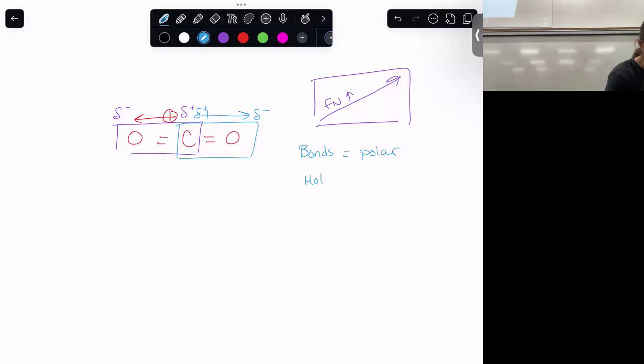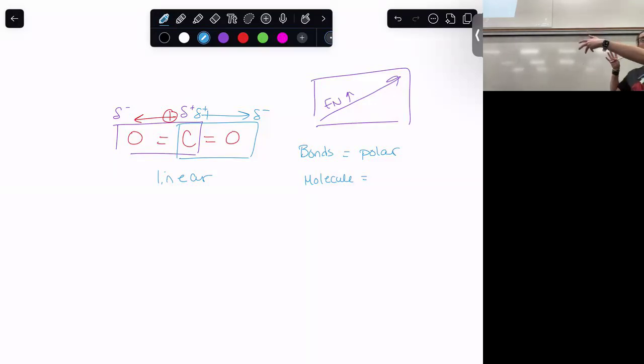However, the molecule, what is the shape of this molecule? It's linear, right? It's just two electron domains. There are no lone pairs. The easiest way to think about this is tug of war.